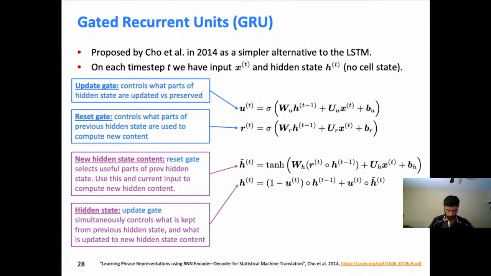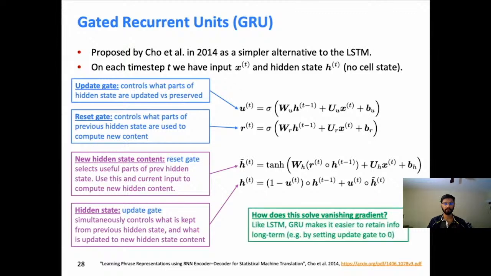Okay, so that's GRUs, and I think it's a little less obvious just looking at it why GRUs help the vanishing gradients problem, because there is no explicit memory cell like there is in LSTMs. So I think the way to look at this is that GRUs can also be viewed as a solution to the vanishing gradient problem, because like LSTMs, GRUs make it easier to retain information long term.